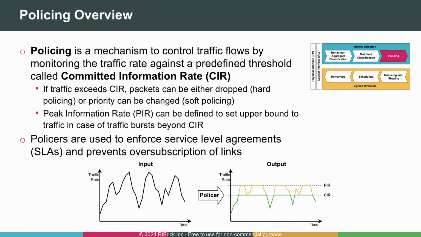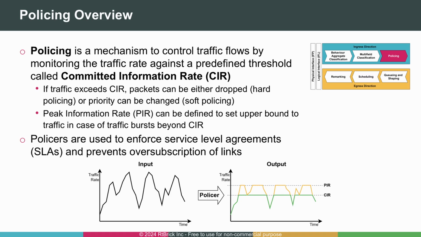Even with soft policing, there's usually a limit on how much excess traffic is permitted. This limit is called the peak information rate. Any traffic exceeding the PIR is immediately dropped. This ensures that the network doesn't become overloaded and that critical services, like voice, are not affected by excessive traffic.